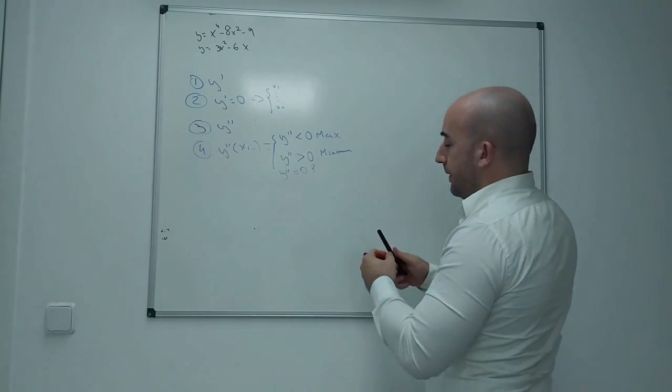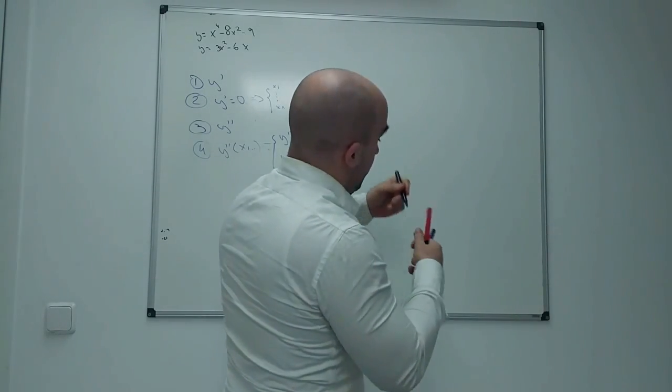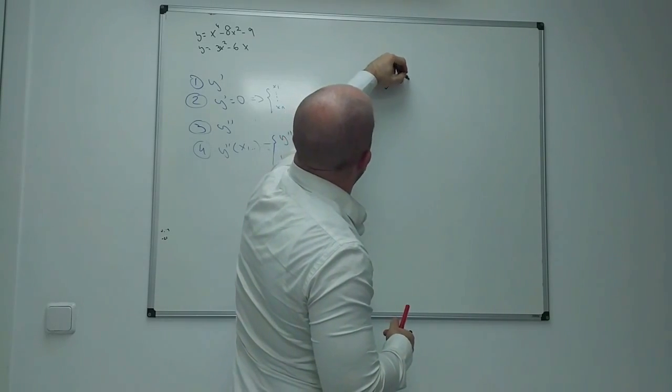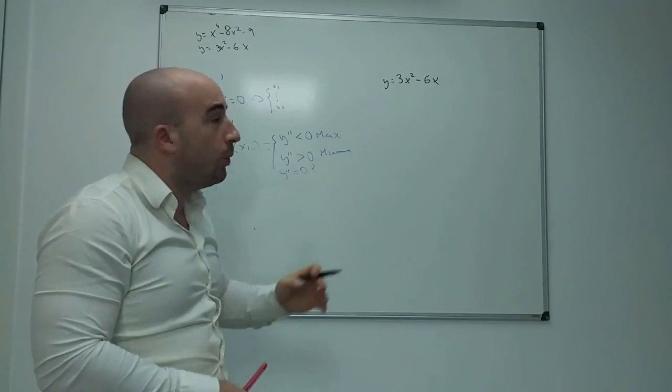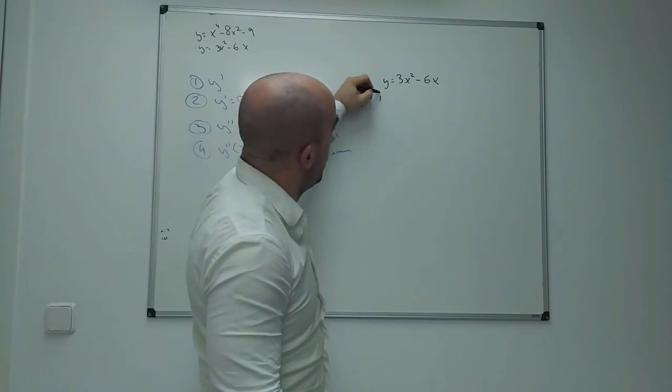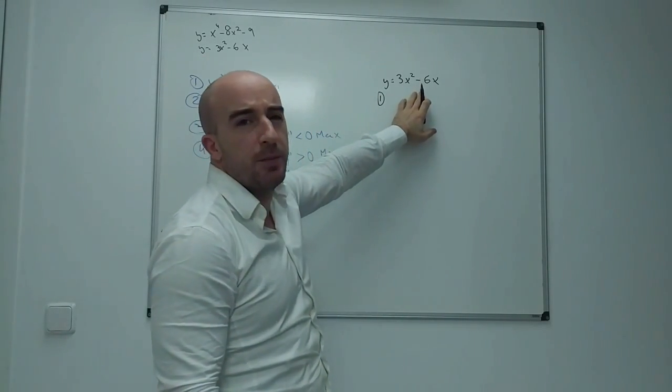If we have, for example, an easy function like 3x squared minus 6x, we will follow those steps. So number one, we want to calculate the maximums and minimums in that function.